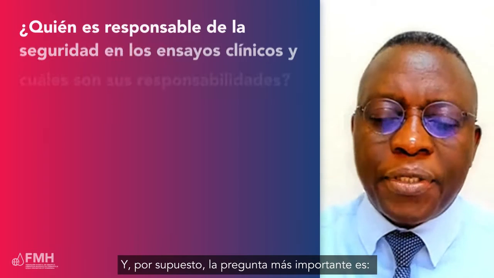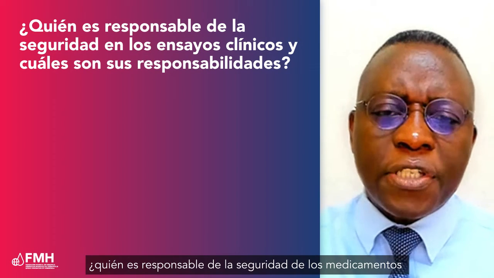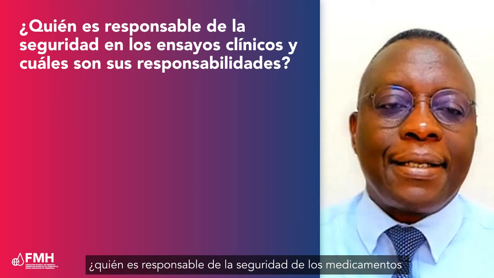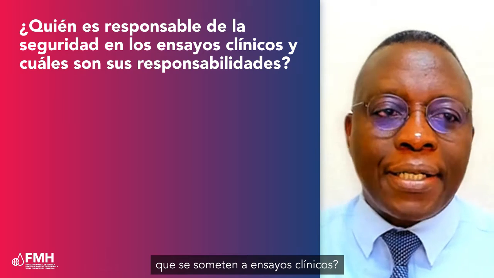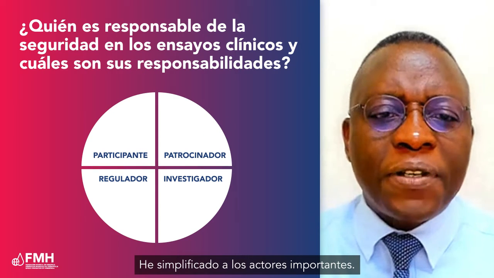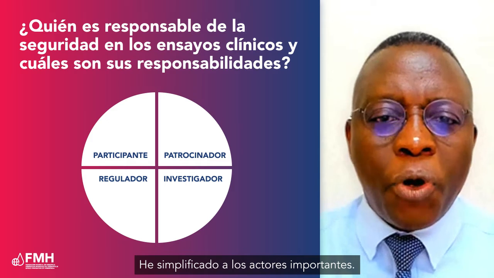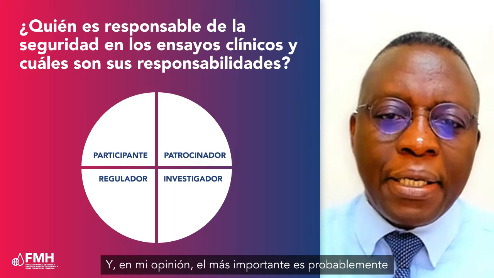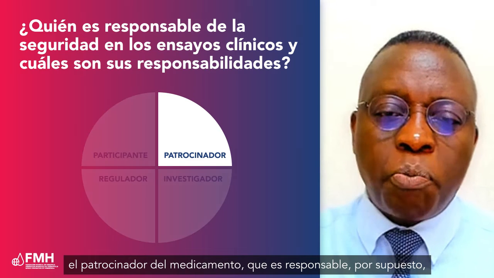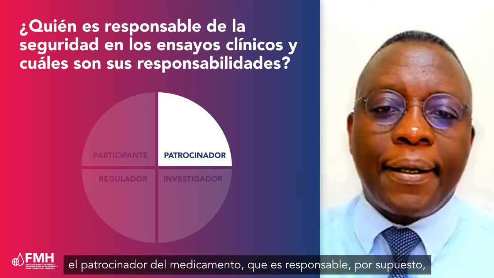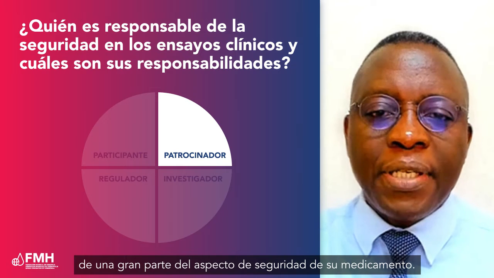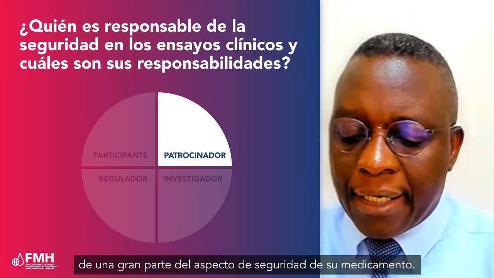And of course, the most important question is, who's responsible for the safety of the drugs that are undergoing clinical trials? There are many role players. I've oversimplified the important role players here. And in my mind, the most important one is probably the sponsor of the drug, who's responsible, of course, for a large proportion of the safety aspect of their drug.